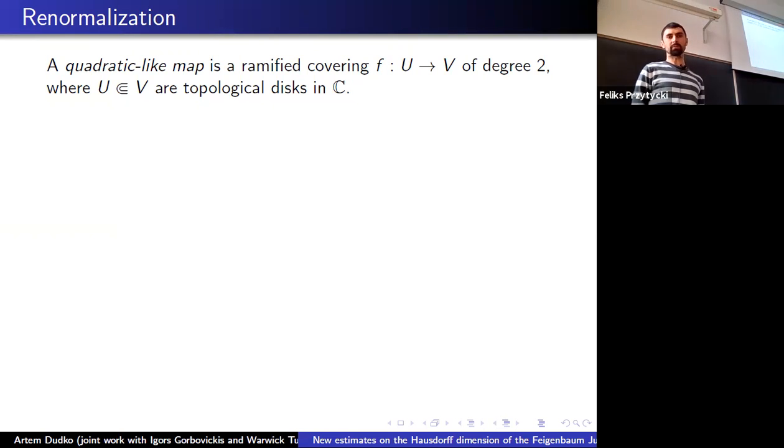When we want to talk about renormalization, it is more convenient, instead of globally defined polynomials, to consider locally defined maps, namely quadratic-like maps. By definition, a quadratic-like map is just a ramified covering of degree 2 from one topological disk onto a larger topological disk.